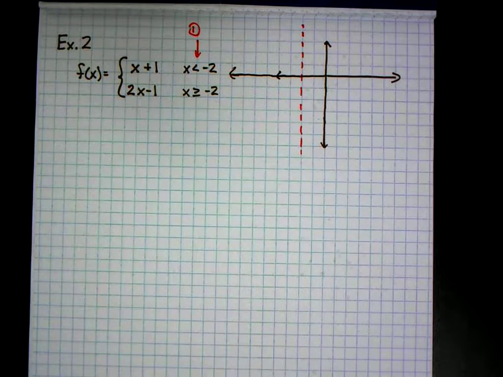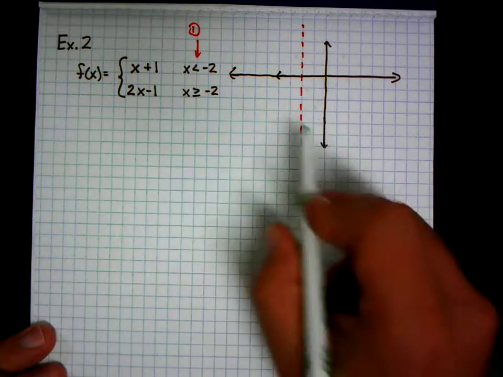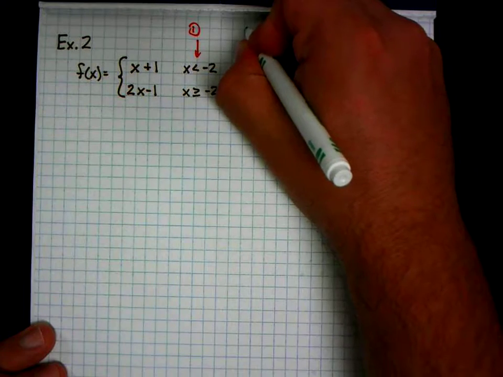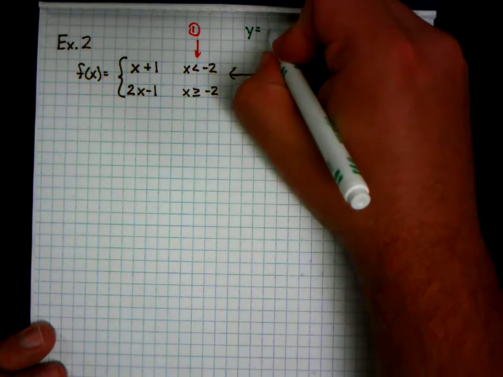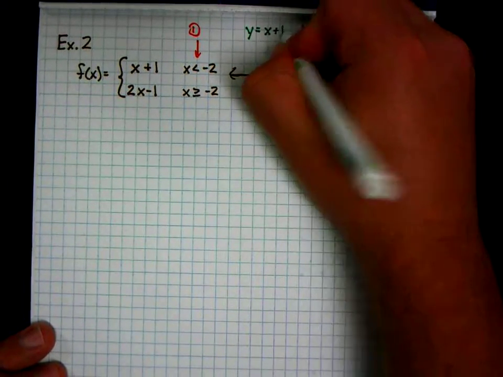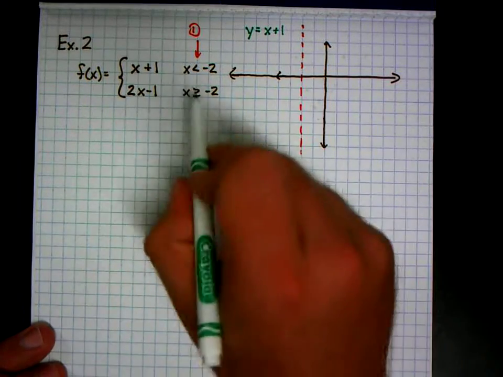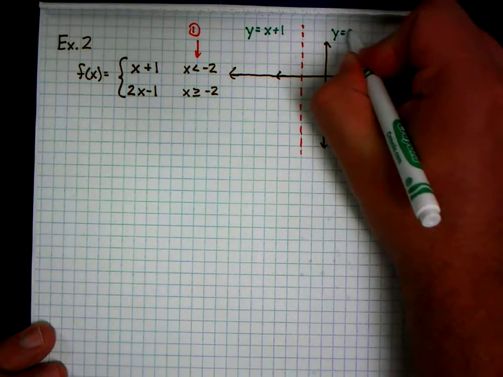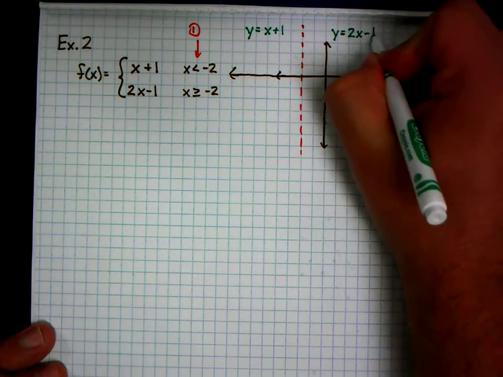What this tells me is whenever x is less than -2, on the left-hand side, I'm going to be graphing y equals x plus 1. On the right-hand side, I'm going to be graphing y equals 2x minus 1.